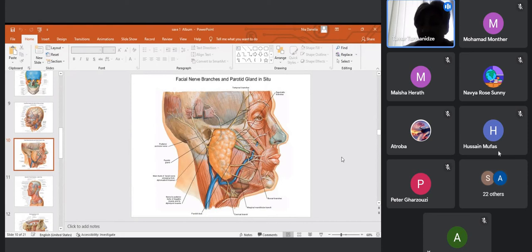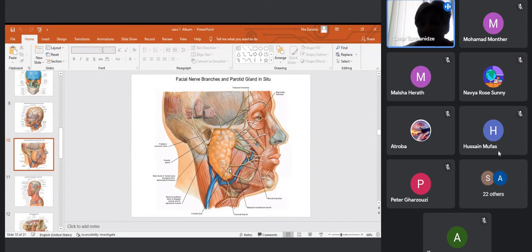These branches in the anterior part of the face are located more superficially. They lie through the muscles of facial expression in the anterior part of the face. But in the posterior part of the face, or more laterally, these nerves are located deeply through the parotid gland.